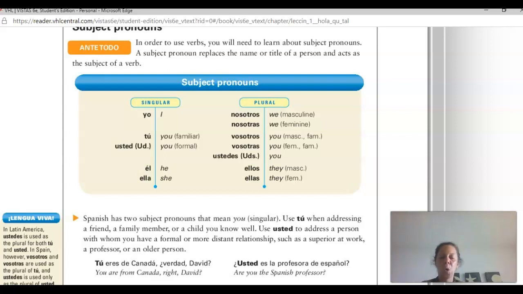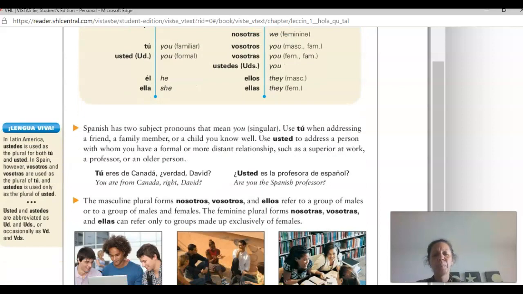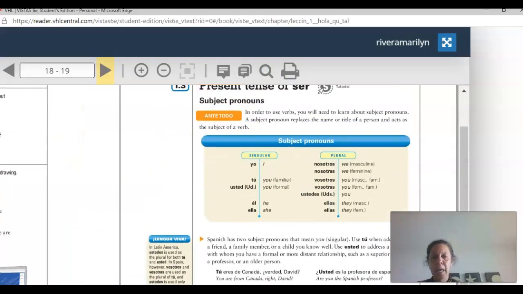It's mainly used in Spain. And in América Latina, we don't use vosotros or vosotras. We use ustedes. You all. And then ellos, ellas, masculine, feminine, plural.